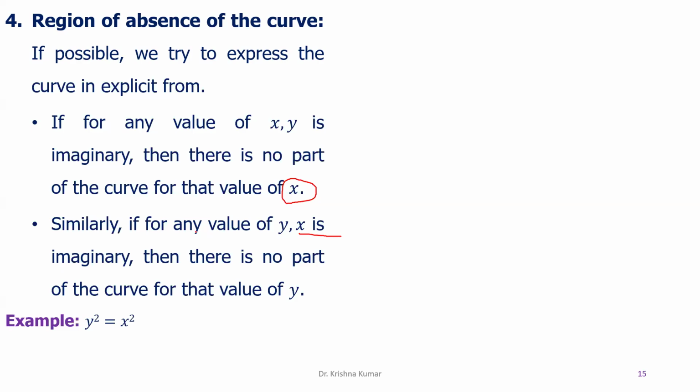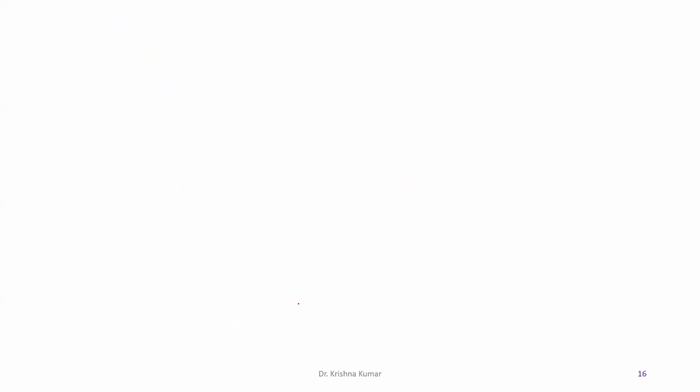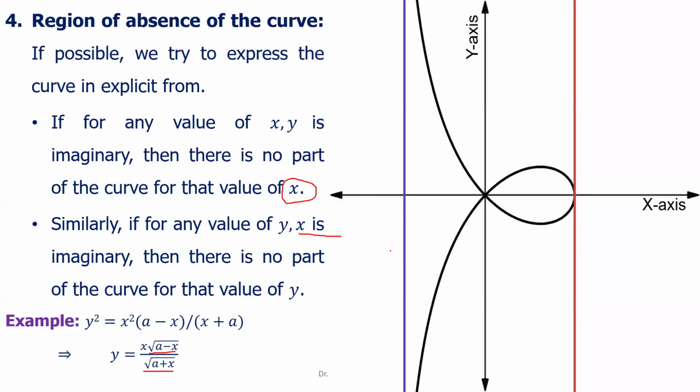Suppose we are given y square equal to x square times (a minus x) divided by (a plus x). So here we can write y equal to x root (a minus x) upon root (a plus x). And if we trace this curve, just look here, this is x equal to minus a, and this is x equal to plus a.